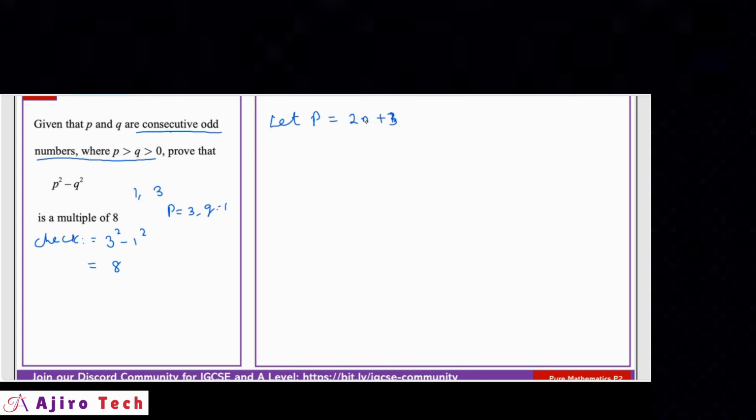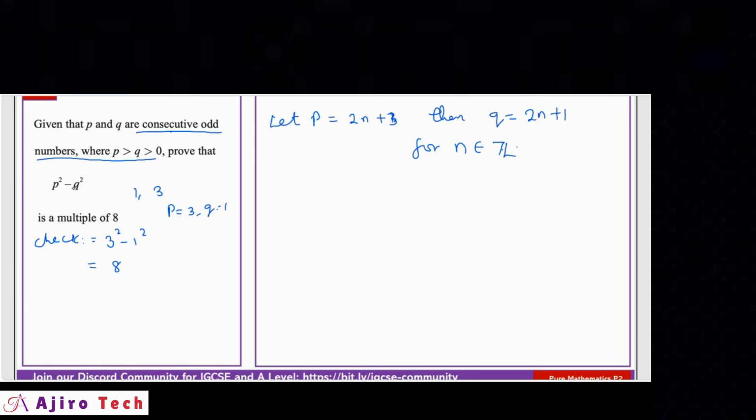Yes, because whatever my n is, this 2n is always going to be even. Then Q will be 2n plus 1 for n, let's say natural numbers. Okay, let's use integers because we can also use negative numbers. So let's say n is an integer, so that we won't limit that.